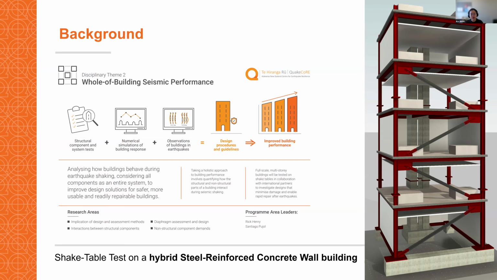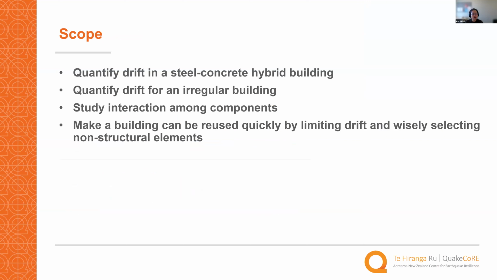And the scope of this particular large-scale test is to quantify the drift in a steel-concrete hybrid building, and to quantify the drift for a very irregular building. As you can tell from the previous photos and the schematic diagram, this building is quite irregular.